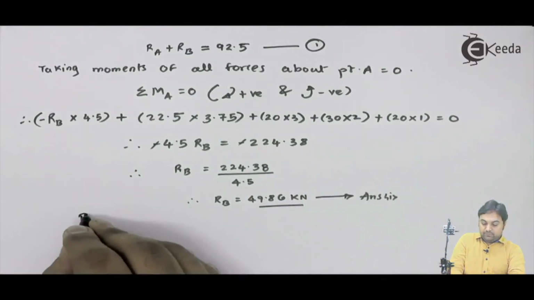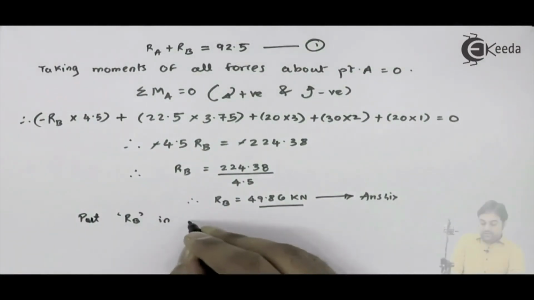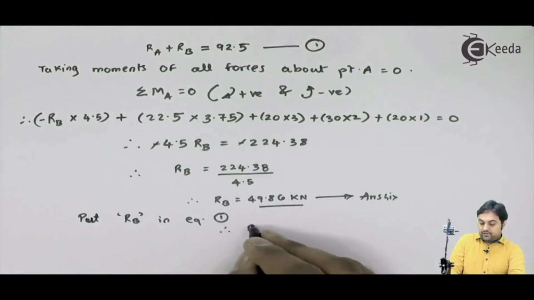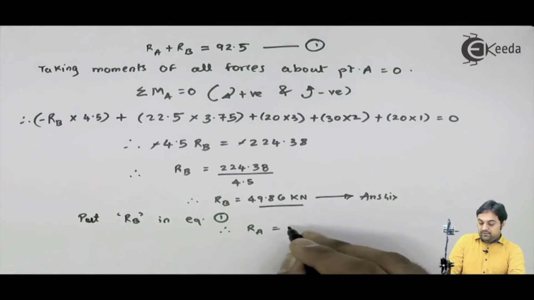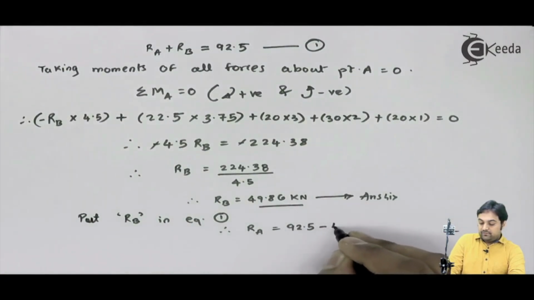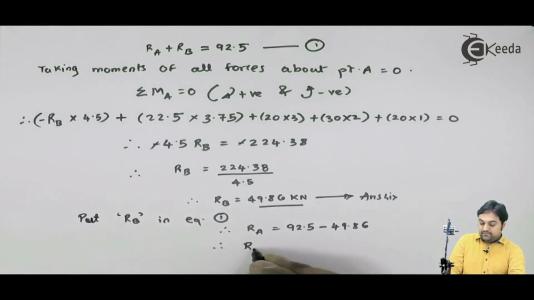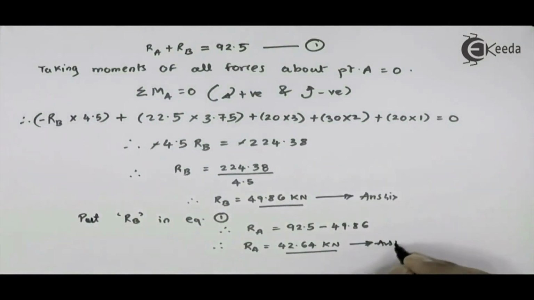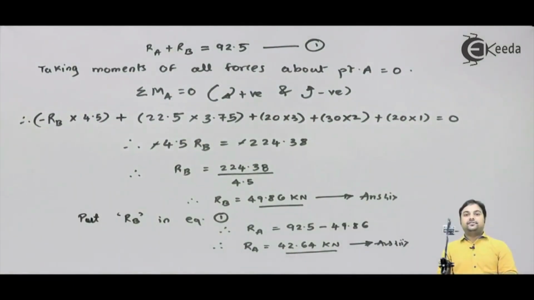I will say that put in equation 1, therefore RA is equal to 92.5 minus 49.86, and hence I am getting RA value as 42.64 kilonewton. That is my second answer.